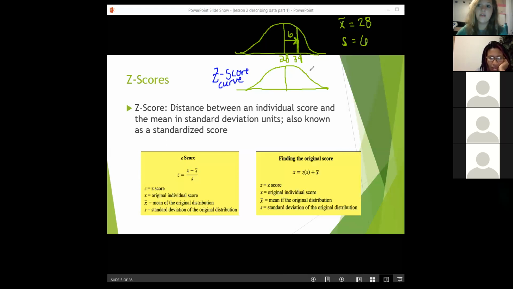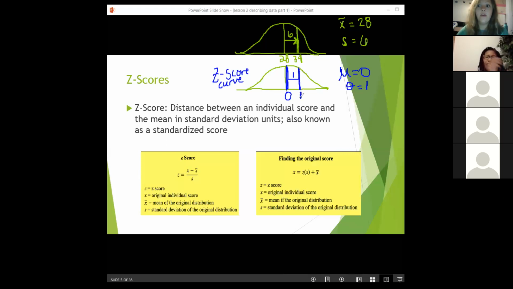Remember, for z-score curves, we always have a mean of 0 and a standard deviation of 1. Here's our mean, aligned with the mean of 28 in the other one, so our mean is 0 here and the standard deviation is 1. If I go over 1 standard deviation, I get 1.